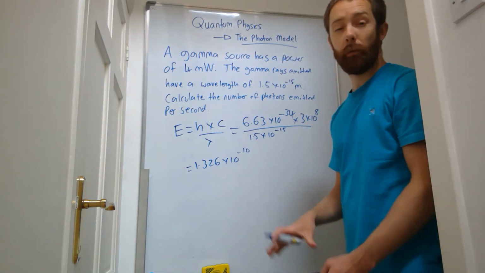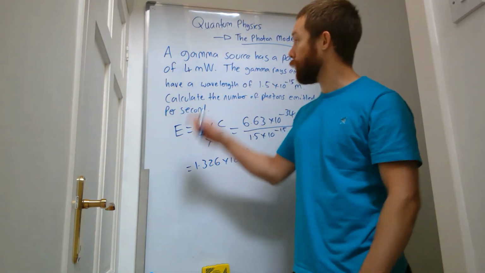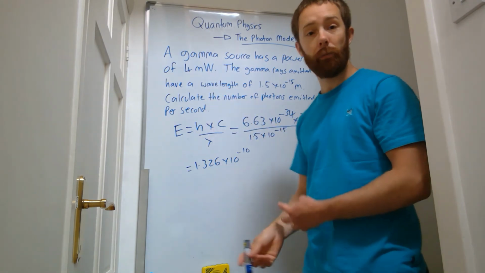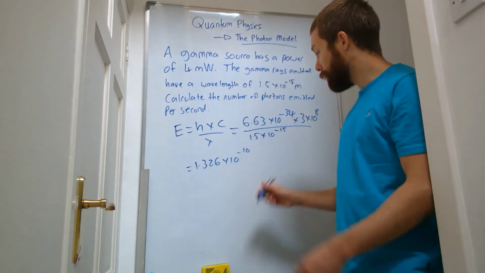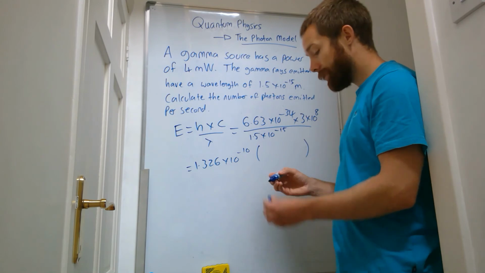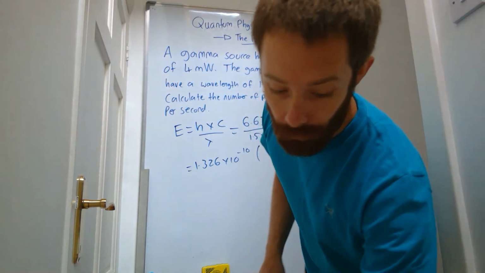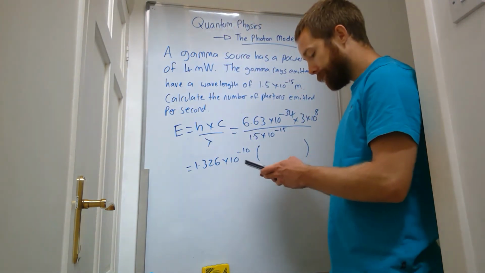Out of interest, we don't need it for this particular question because watts is a standard unit, so I'm going to keep this in joules. But just as a side note, let's see what that is in terms of electron volts.